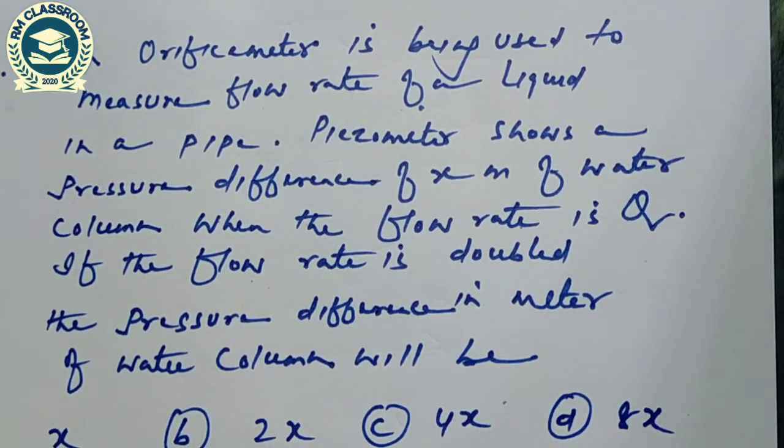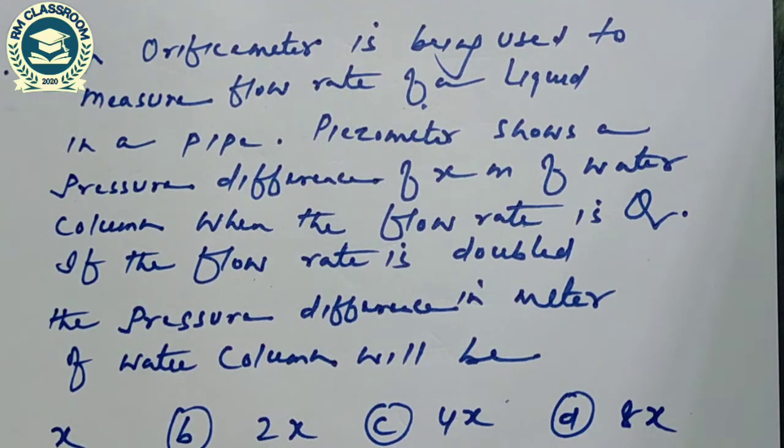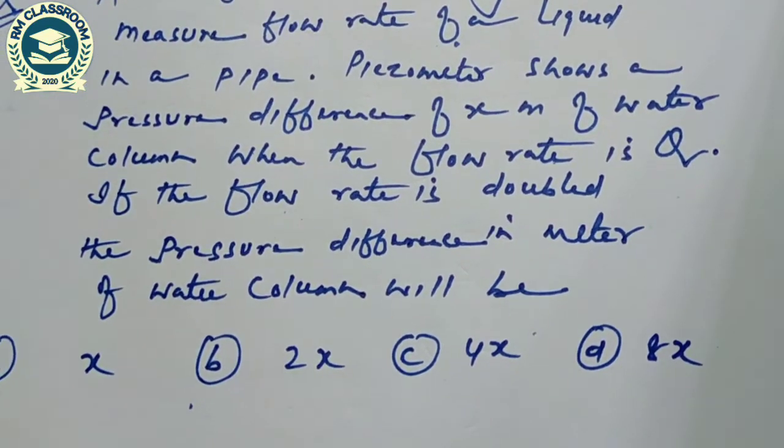An orifice meter is being used to measure flow rate of a liquid in a pipe. Piezometer shows a pressure difference of X meter of water column when the flow rate is Q. If the flow rate is doubled, then the pressure difference in meter of water column will be?